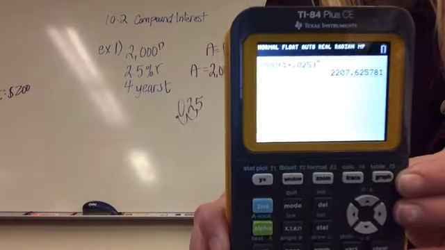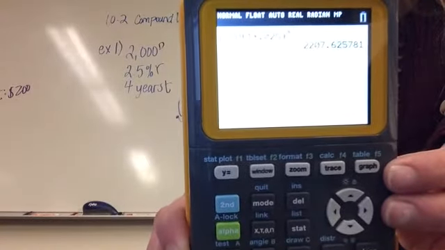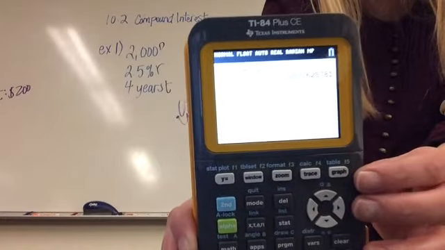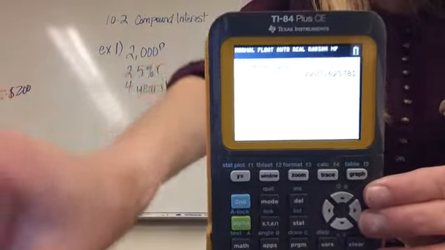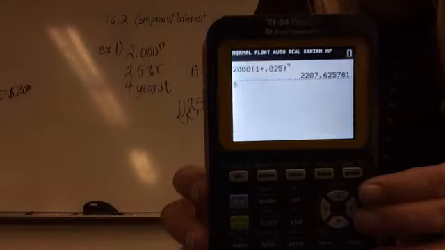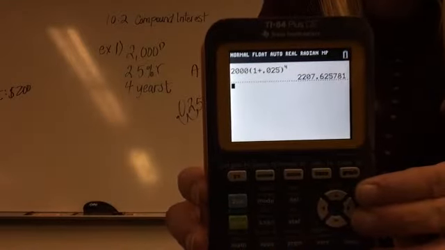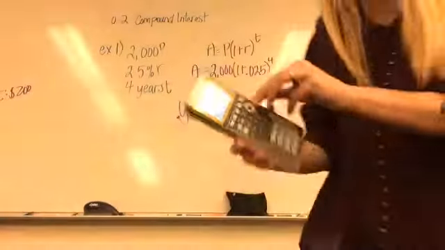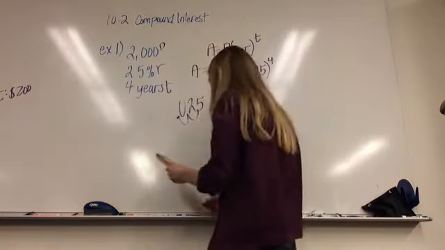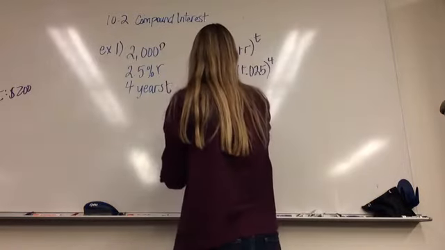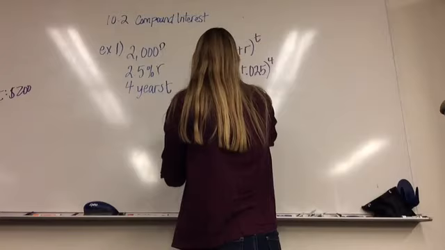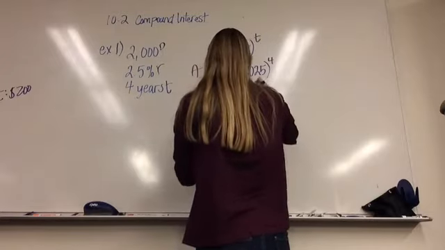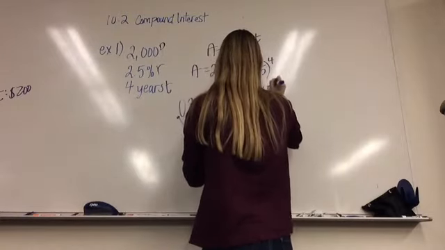It's just 2,000 times 1 plus 0.025 to the 4th. And so we got 2,207 and 63 cents.